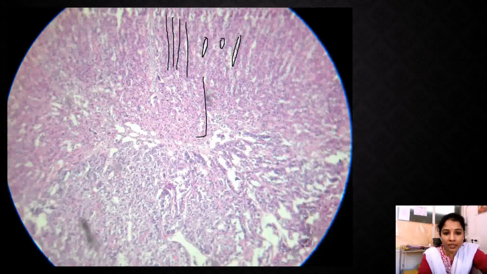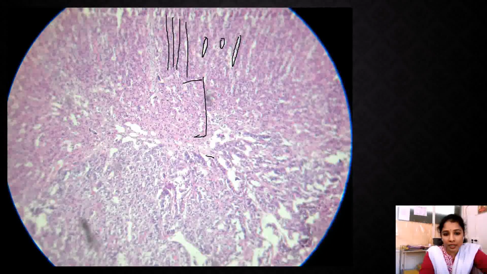From here to here is the reticularis, where they are haphazardly present. They are like a meshwork where they join, anastomose and branch, and zona reticularis also makes only 1/5 of the cortex, and they produce sex hormones, the sex corticoids.